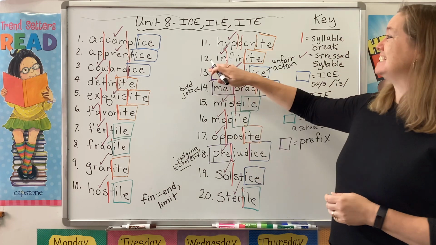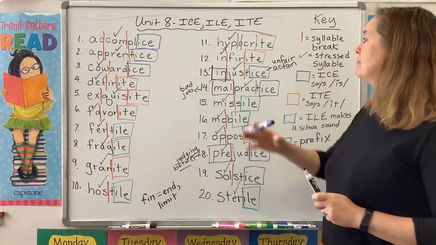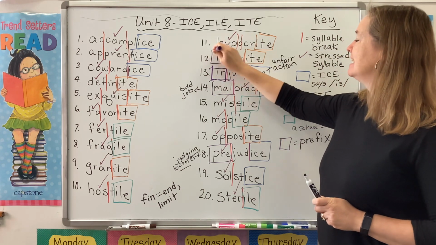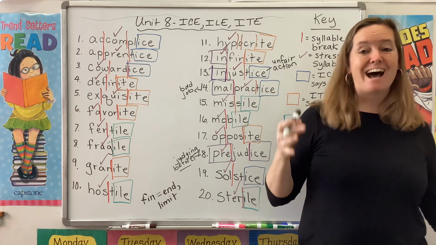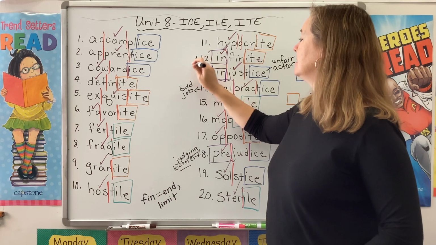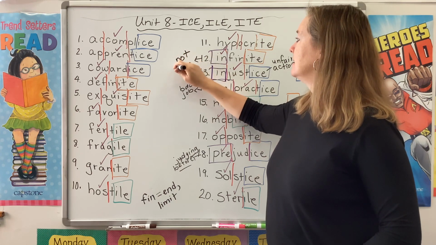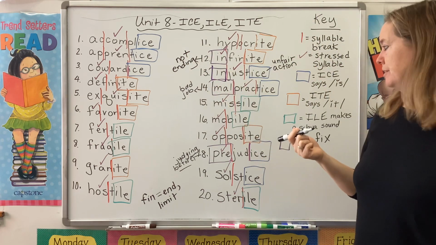If something is infinite, where's my purple? If something is infinite, it's not finite, which means it's not ending. It's going to go on forever, right? Not ending. Sometimes we say it's eternal.